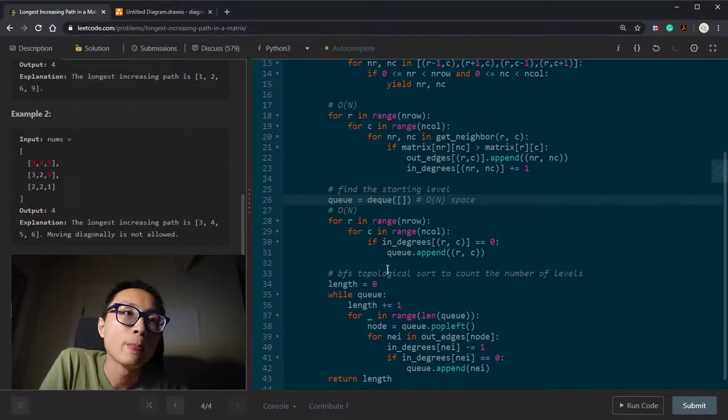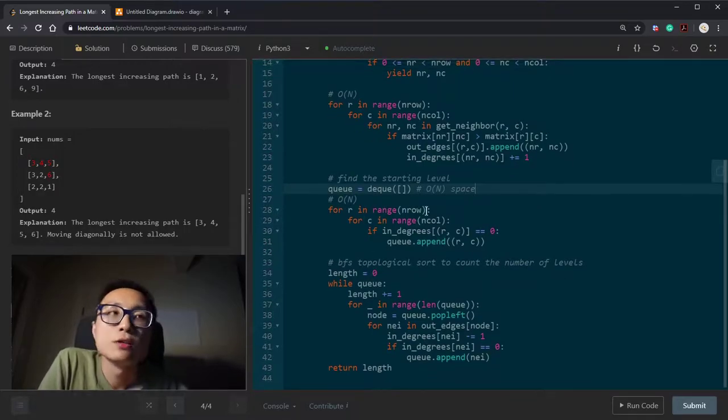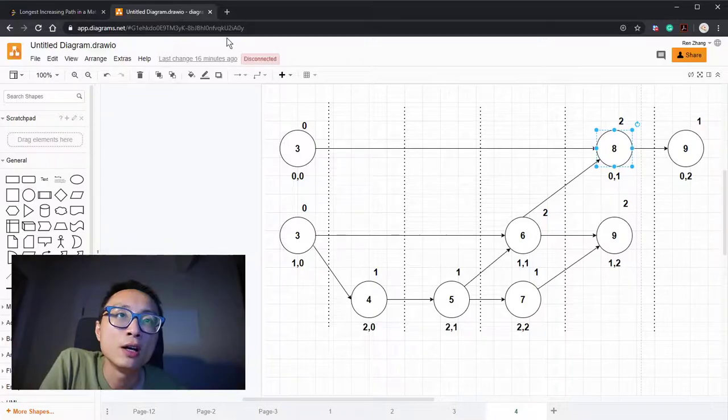So all the nodes are going to have in degree 0. So we end up actually putting everything onto the queue. So that's the linear space with respect to the total number of nodes. After that, we pretty much identified the first level in the topological sort order.